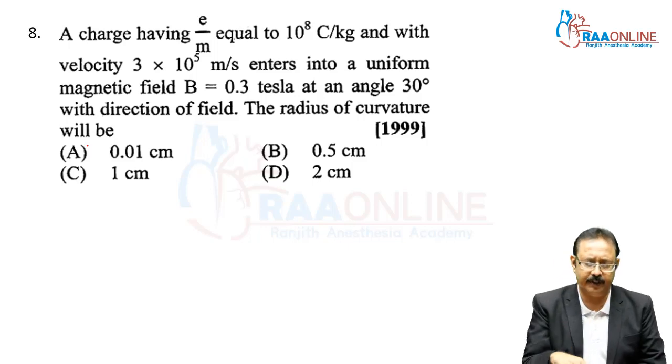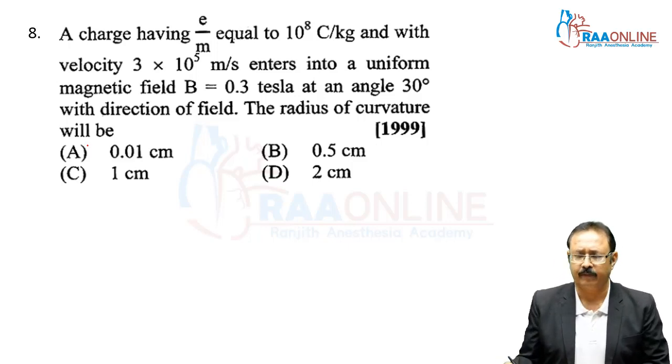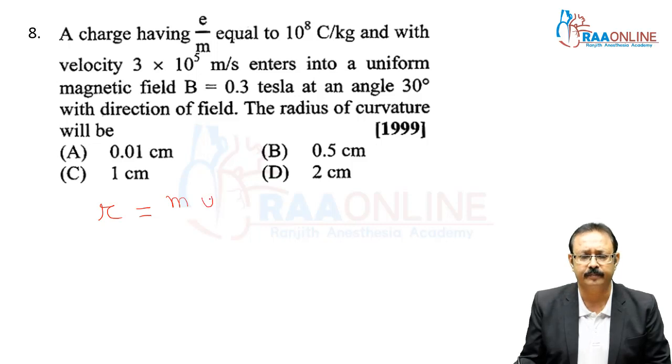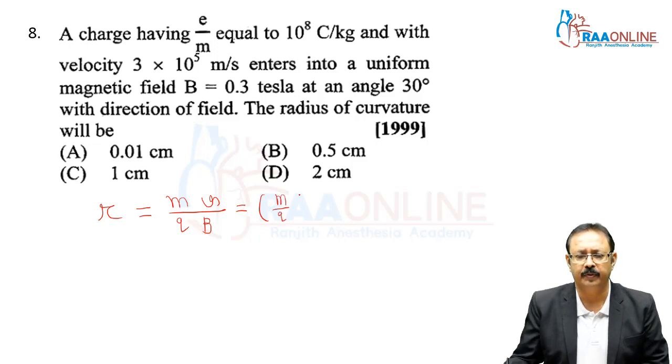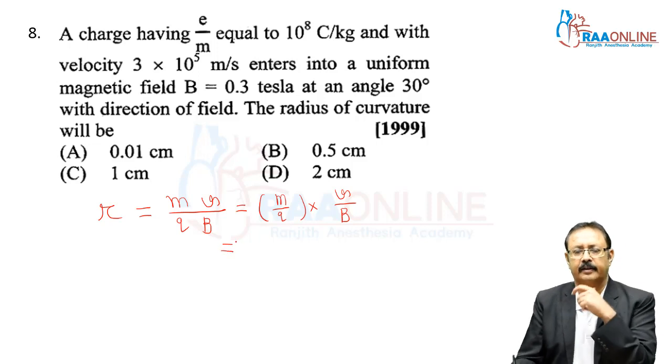The radius of curvature will be, we know, what is the formula for radius? mv by qB. What do you need? You need m by q, you need v, you need B. First we will solve in SI units, last we will convert in CGS.